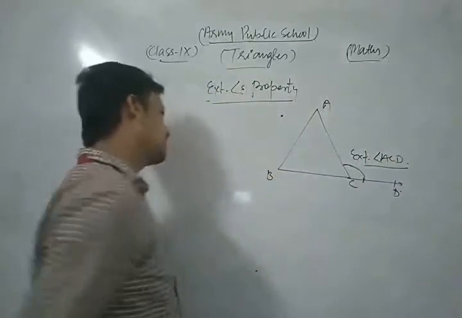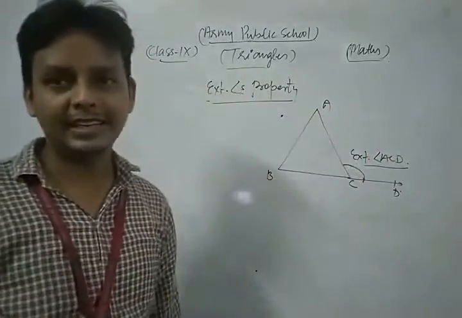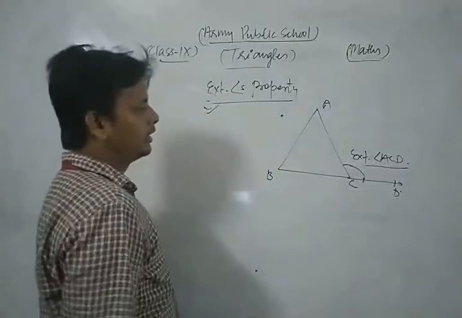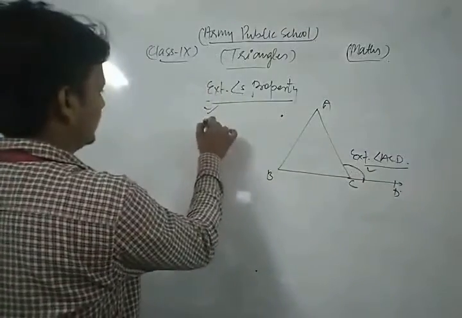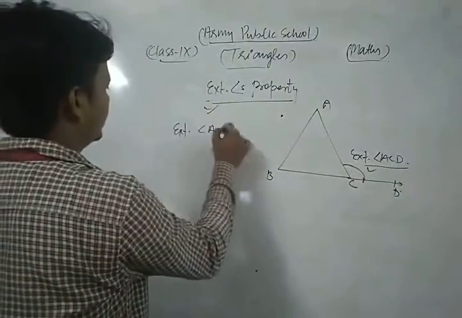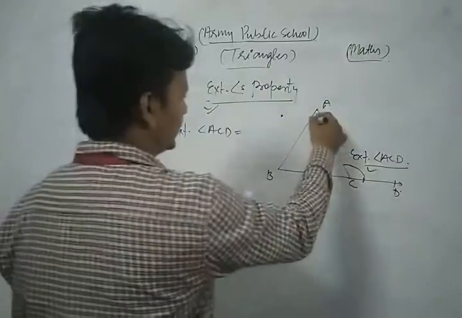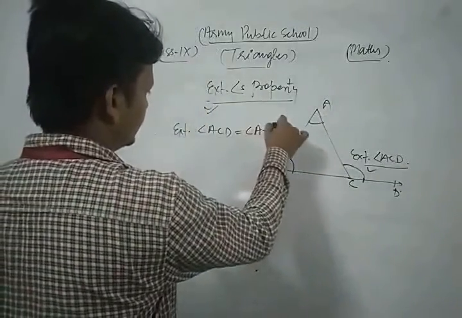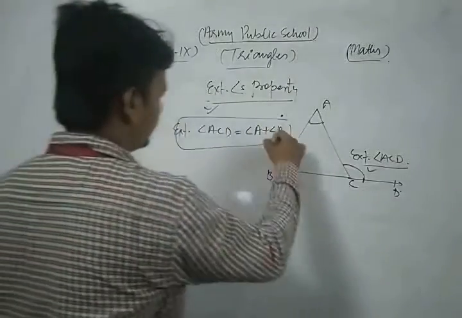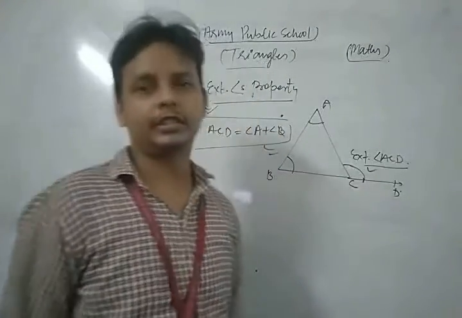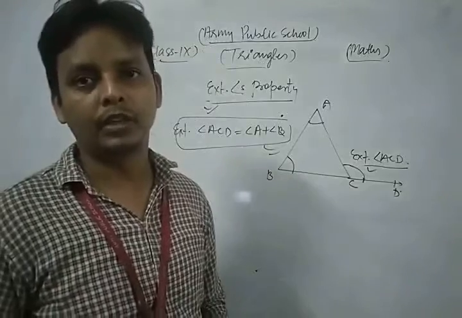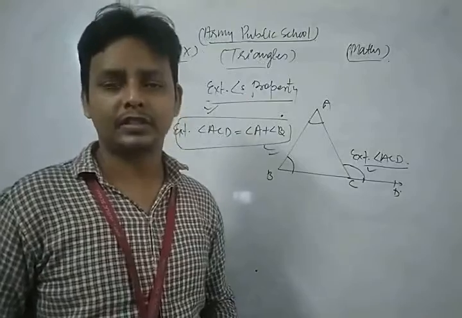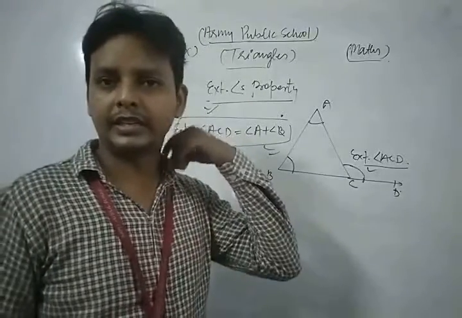According to the exterior angle property, this exterior angle ACD is equal to the sum of its two opposite interior angles, meaning angle A plus angle B. This is a very important property of a triangle, called the exterior angle property. So, dear students, an exterior angle is always equal to the sum of its two opposite interior angles.